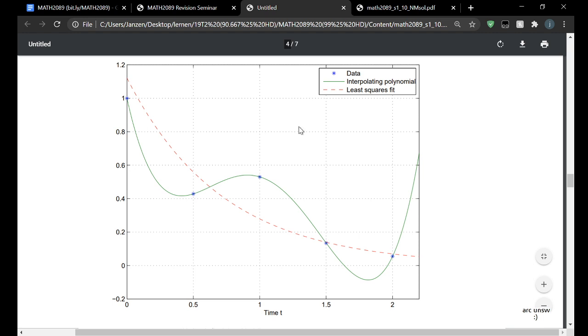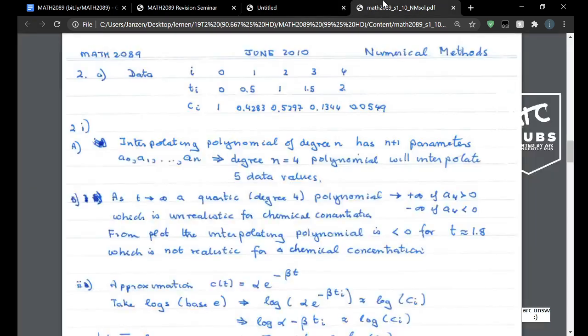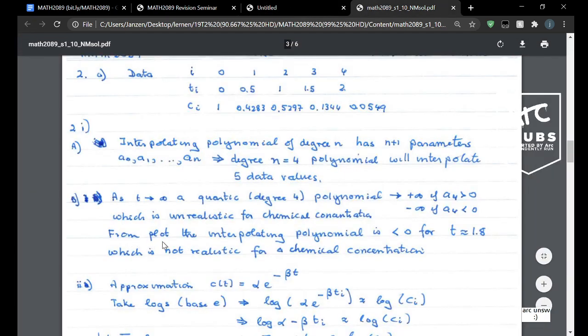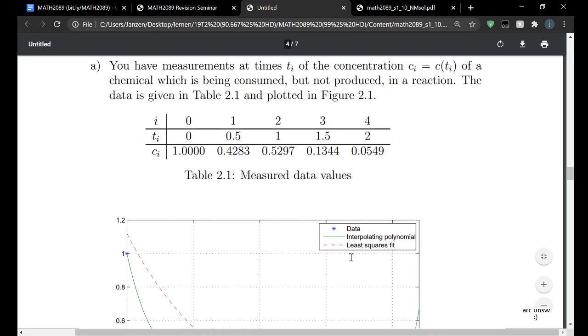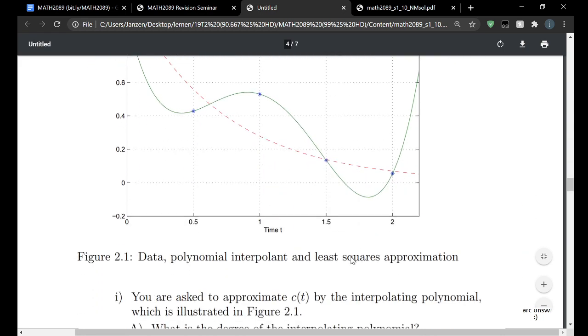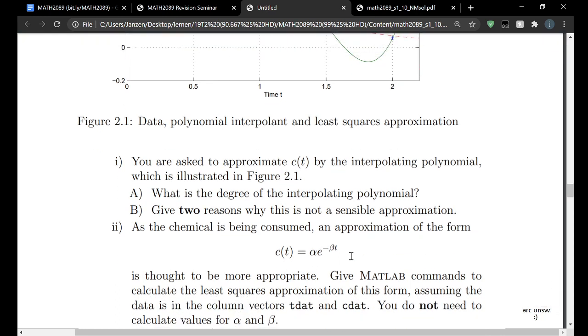It's also just too many curves used to approximate the data points, and that's what they basically said here. From the plot, the interpolating polynomial is less than 0 for t is 1.8, which is not realistic. Between these two points, the green curve is less than 0, and you can't have a negative concentration. As the chemical is being consumed, an approximation of the form is thought to be more appropriate.